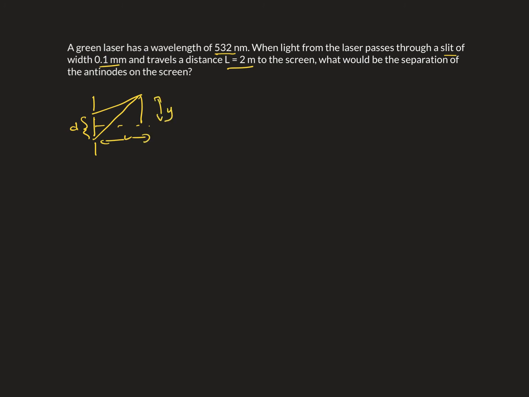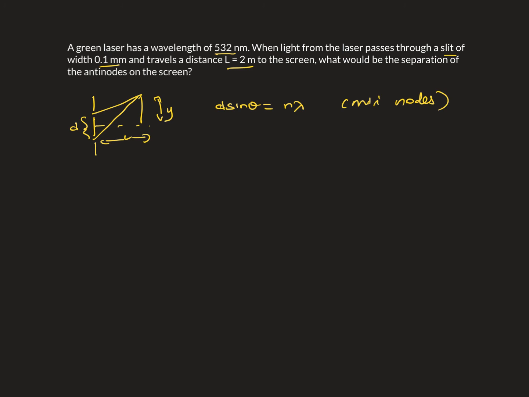So we got this equation d sine theta is equal to n lambda for constructive interference. Constructive interference, another word for it, is antinodes, because that's where it's maximum.